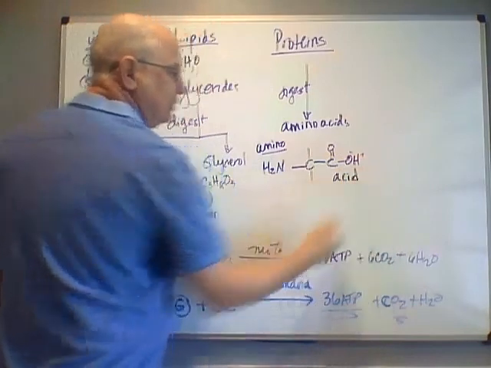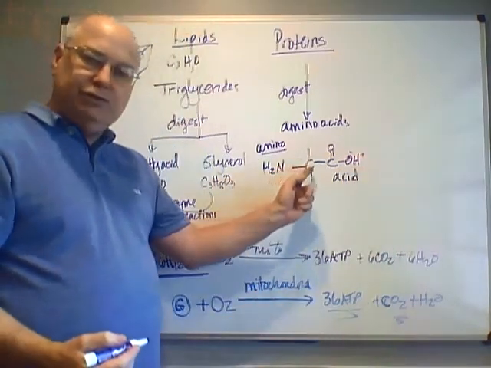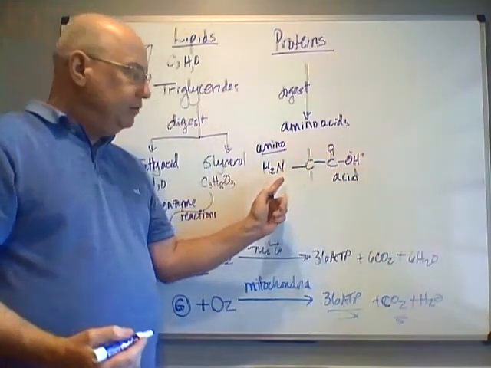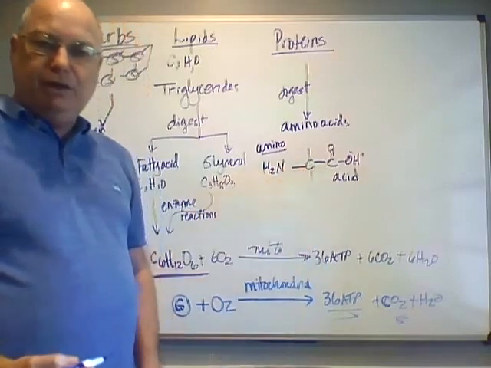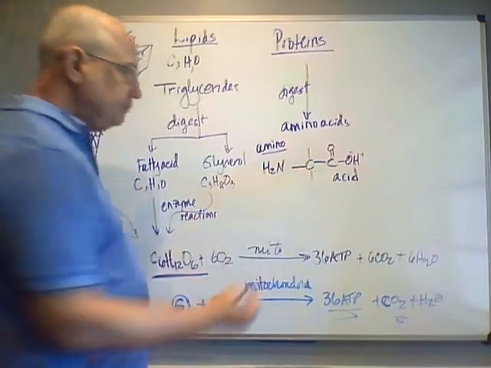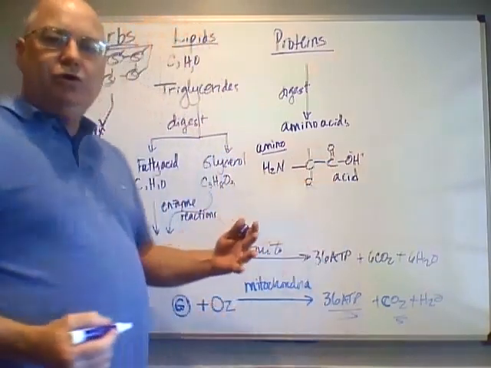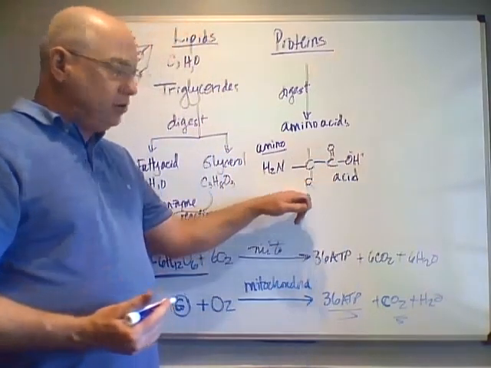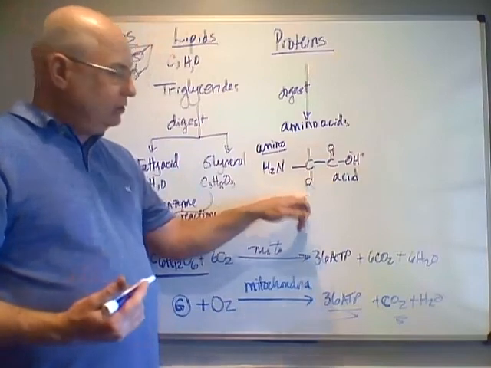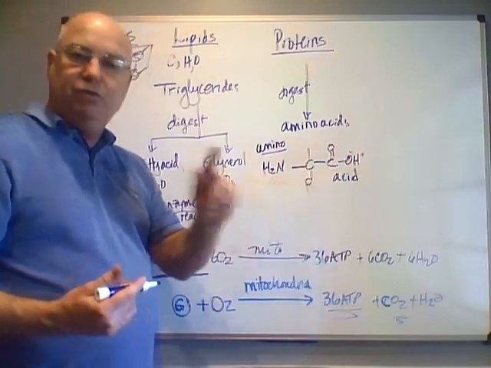So amino acids all have on one side of their central carbon an amino group and an acid group on the other side. Now, over here is what we will call an R group. The R group can vary. It's carbons and hydrogens and oxygens. In some amino acids, it's simply one more hydrogen.